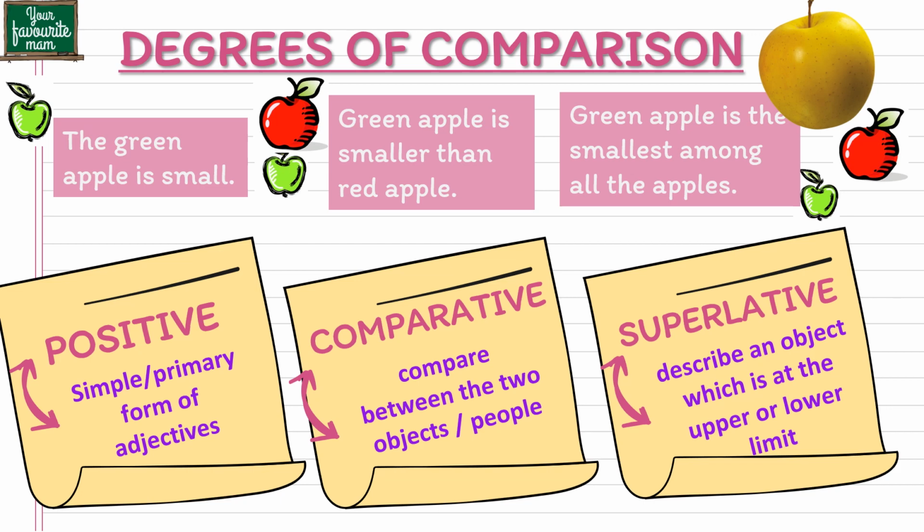So small, smaller and smallest are the degrees of comparison. Small is the positive degree, which is the simple and the primary form of adjective, and there is no comparison there. Smaller is the comparative degree, where the comparison is between only two objects or persons. And smallest is the superlative degree, where we compare any number more than two.